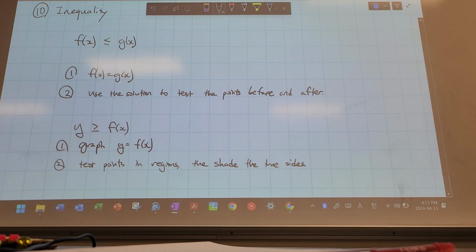You test a point that is obviously not on the graph. For example, 0, 0 is an easy one to use. Plot in 0, 0 and see if the inequality holds true. If it's true, you shade that side. If it's false, you shade the other side. Okay? So that's how to graph this kind of inequality.